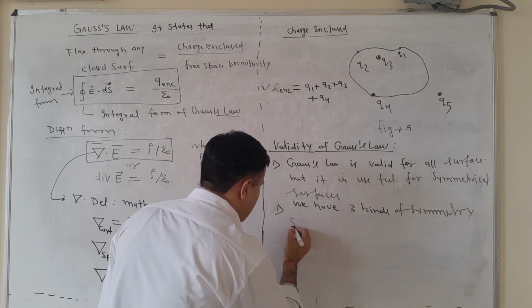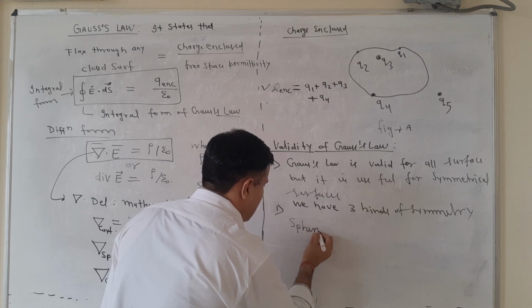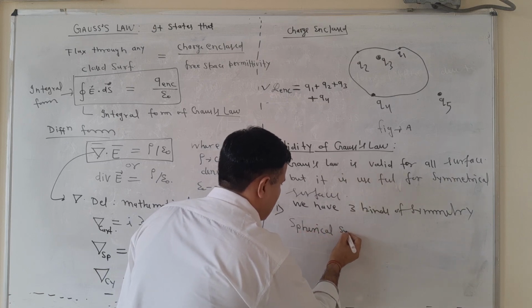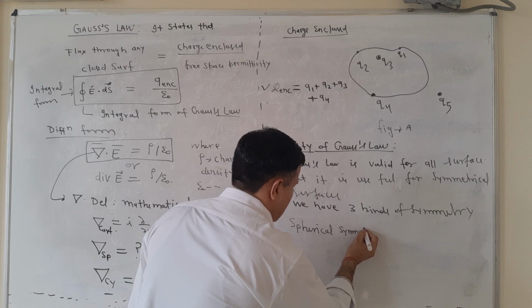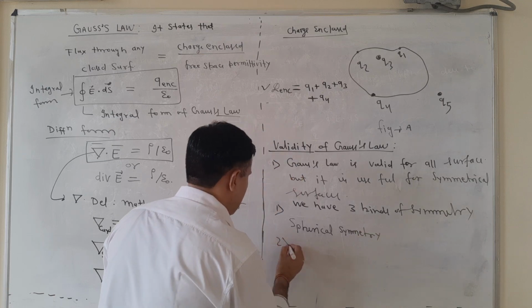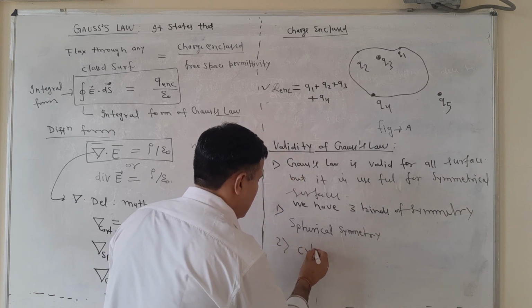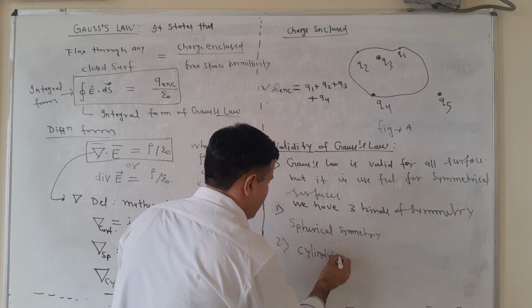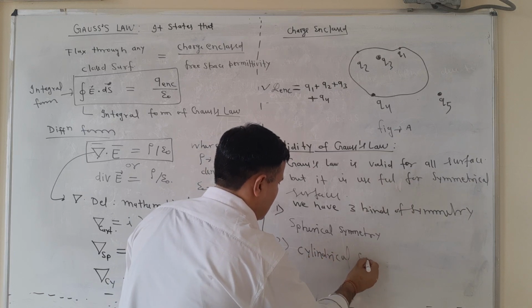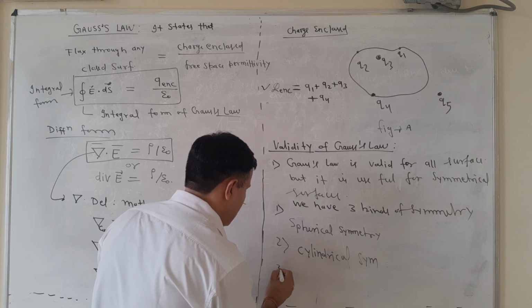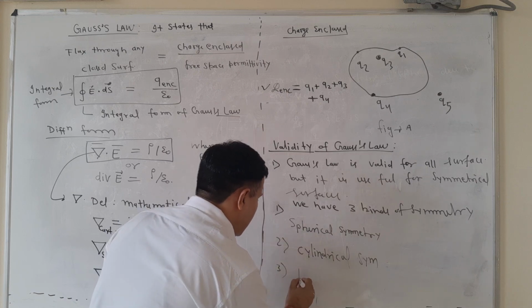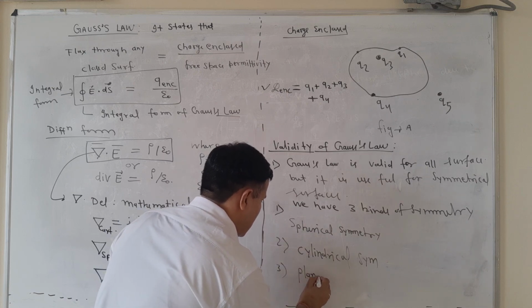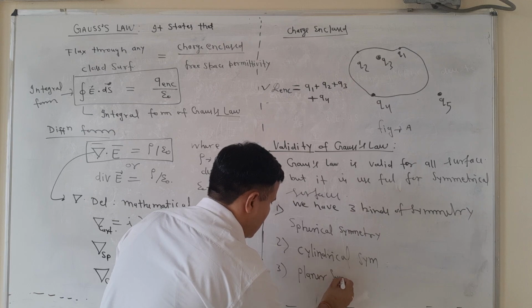First, spherical symmetry. Second, cylindrical symmetry. And third, we have a planar symmetry.